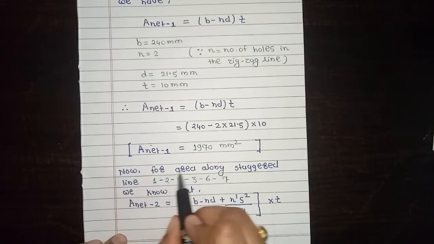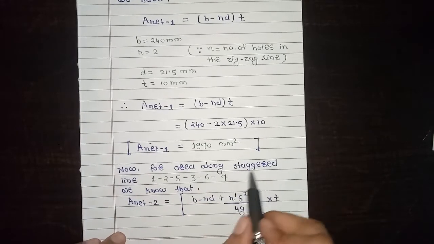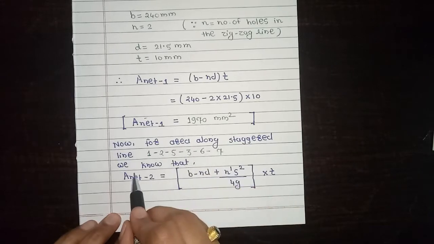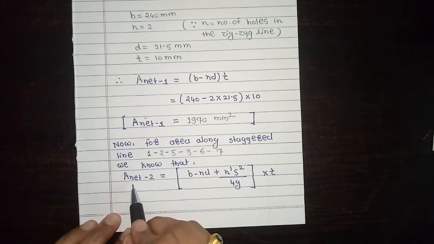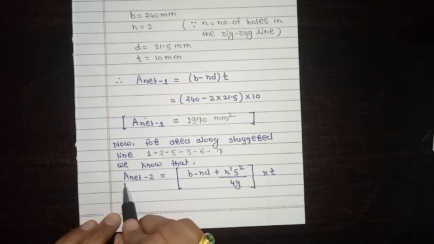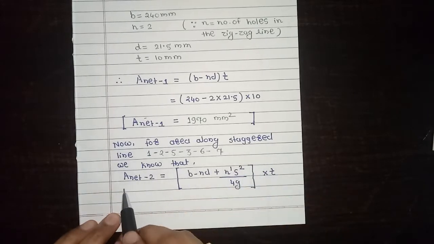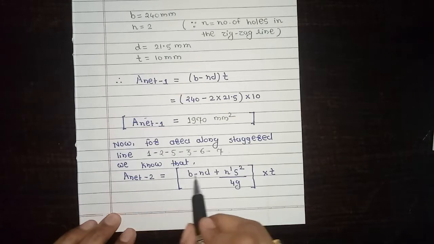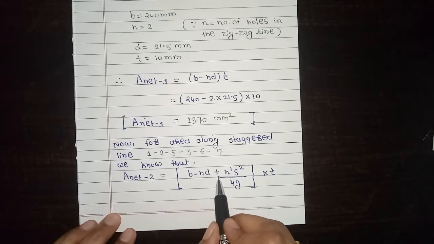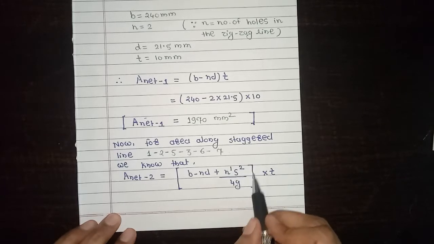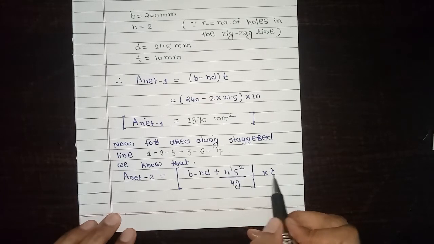Okay. Now for area along staggered line 1, 2, 5, 3, 6, 7. So we know the formula for net sectional area of staggered pattern. A net 2 is equal to (B minus nd plus n dash s square divided by 4g) into t.